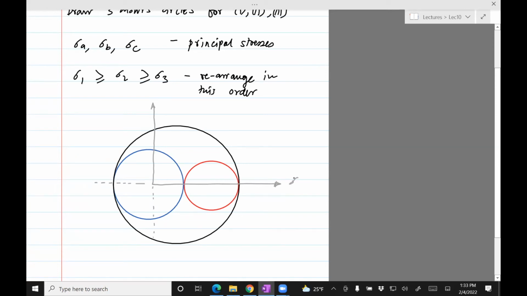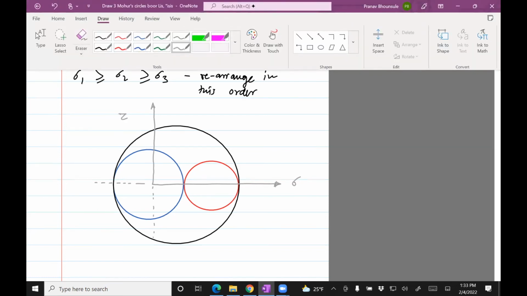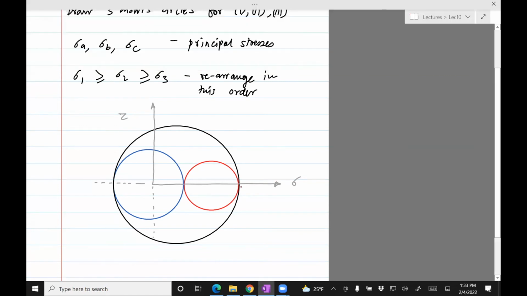Okay, so again, this is sigma axis. This is the tau axis. Okay, so now this point would be the maximum stress.